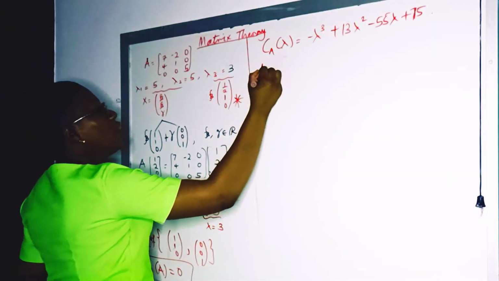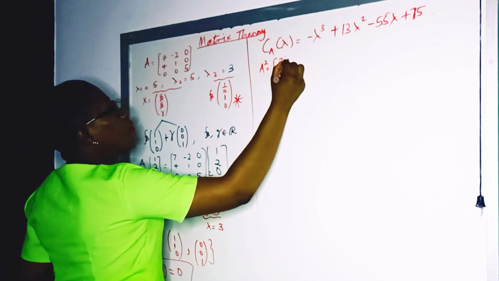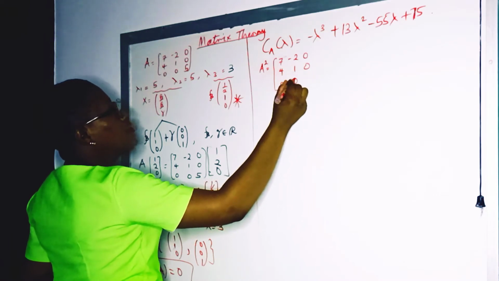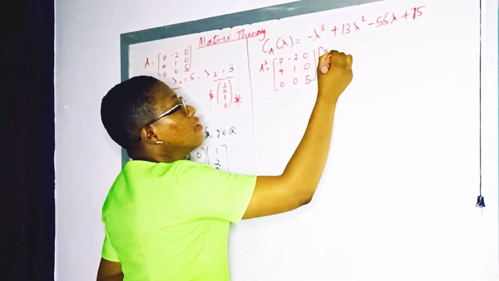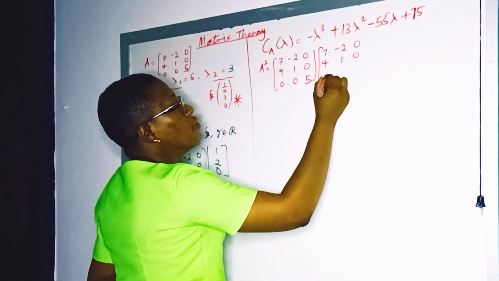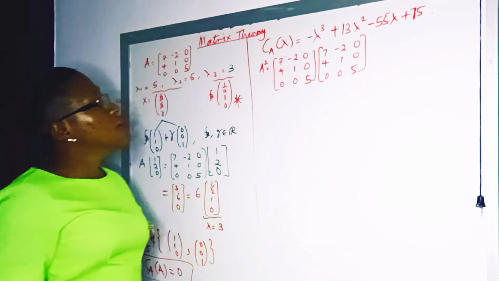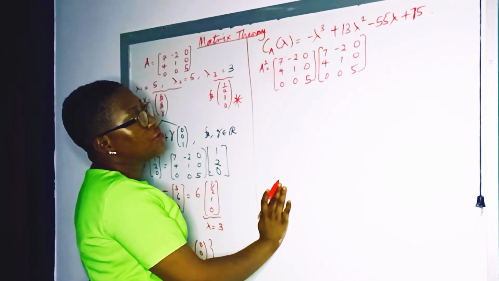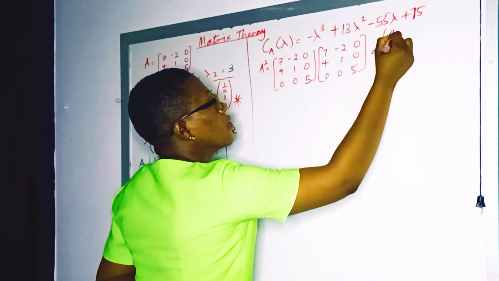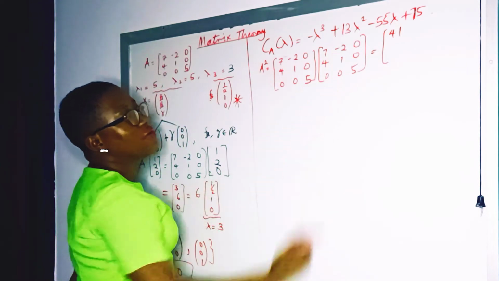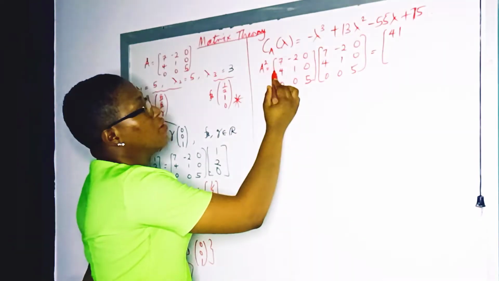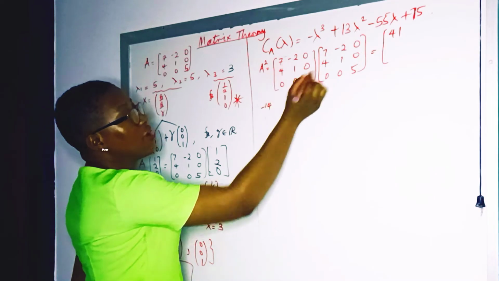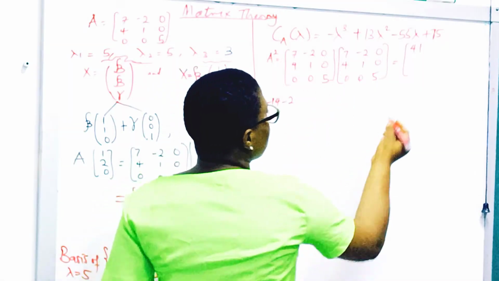We have A squared is equal to the matrix 7, minus 2, 0, 4, 1, 0, 0, 0, 5 times the same matrix. So what will this give me? This times this: 7 times 7, 49, minus 8, 41. This times this, 7 times minus 2, minus 14, minus 2 times 1, minus 2, minus 16.